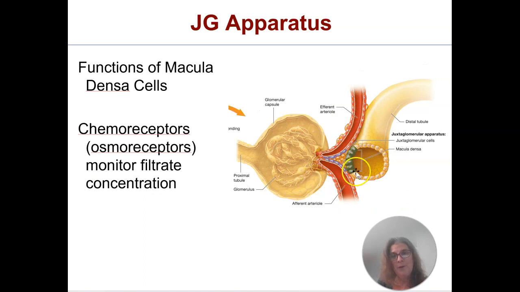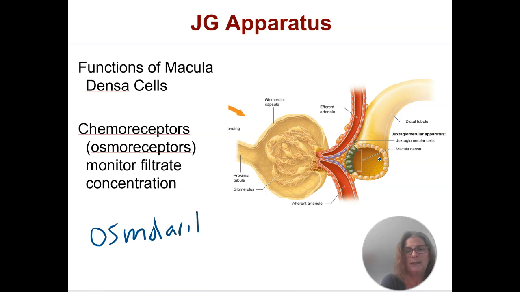The other component here are the macula densa cells, and they are in the DCT, and they're chemoreceptors or osmoreceptors. So they're monitoring the filtrate osmolarity. Osmolarity refers to, think of it as being how salty it is. It refers to the number of solutes. So if the osmolarity goes up, it's more concentrated.